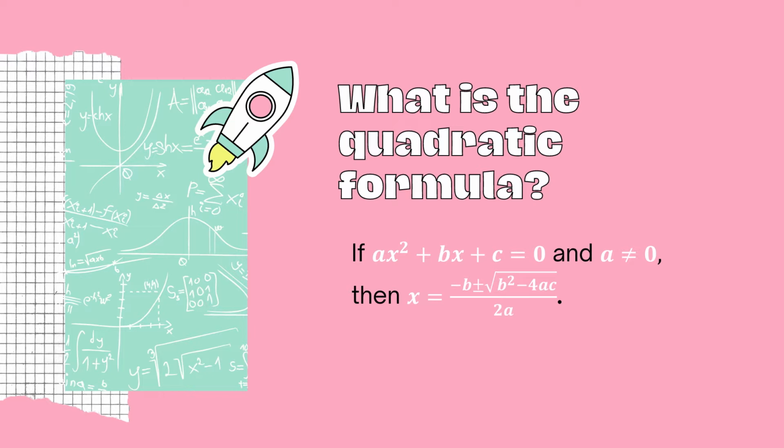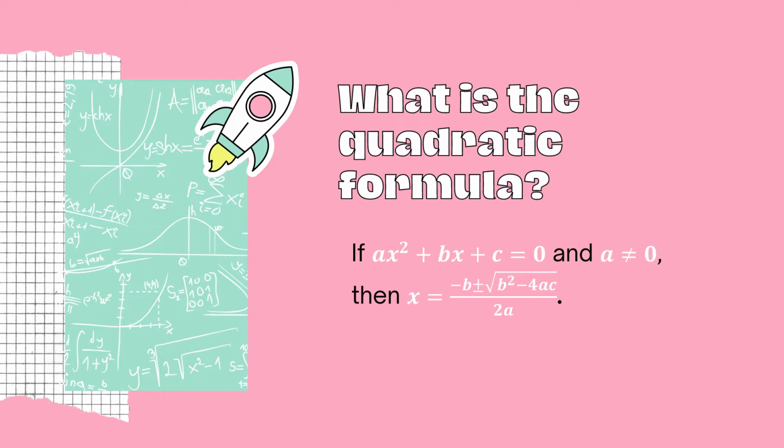It states that if ax squared plus bx plus c is equal to 0 and a is not equal to 0, then the quadratic formula is x is equal to negative b plus minus square root of b squared minus 4ac all over 2a.